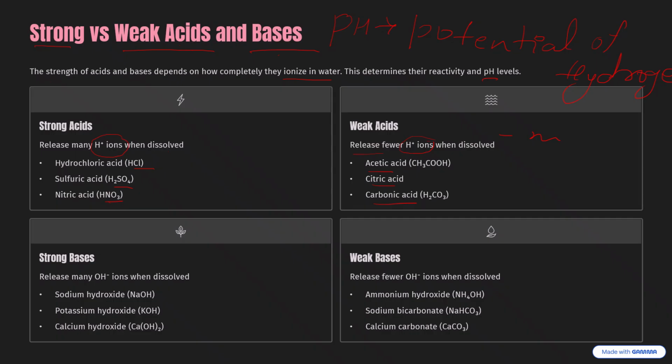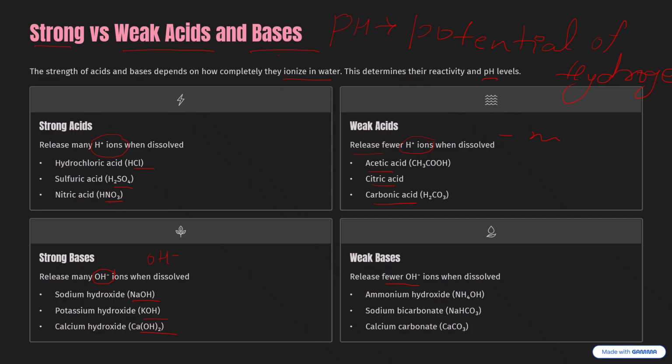Next comes the strong base. Strong bases release many hydroxide ions, OH minus, when dissolved, like sodium hydroxide, potassium hydroxide, and calcium hydroxide. Whereas weak bases release fewer hydroxide ions when dissolved, like ammonium hydroxide, sodium bicarbonate, calcium carbonate.